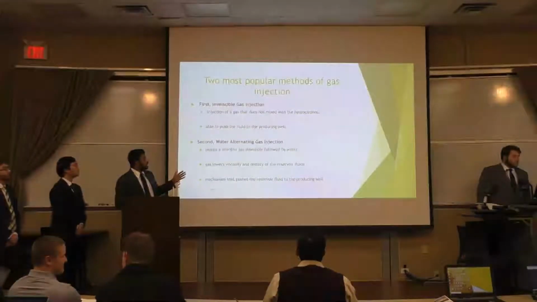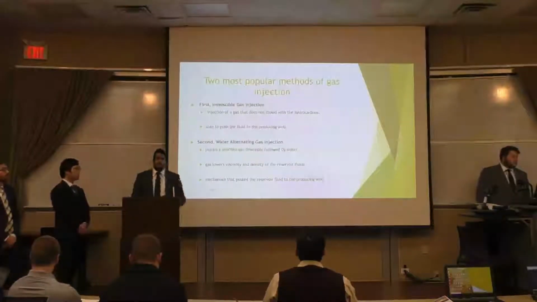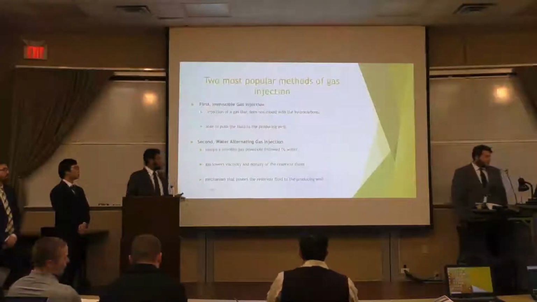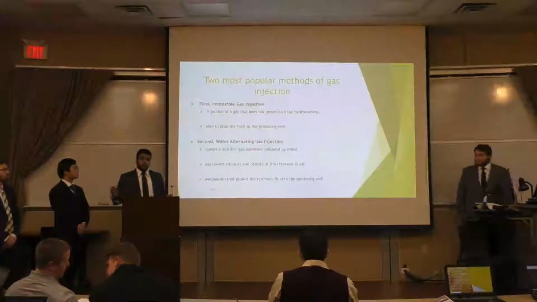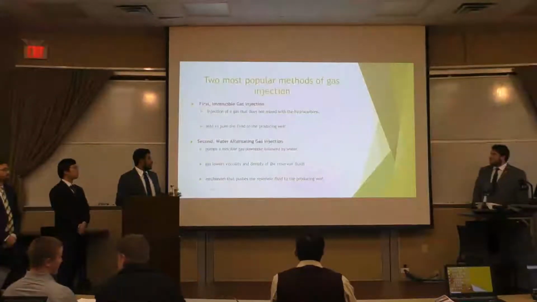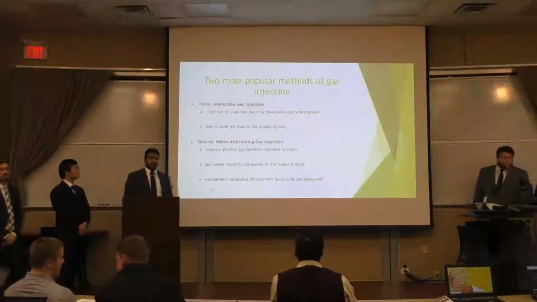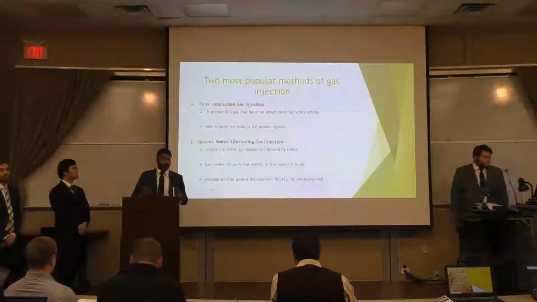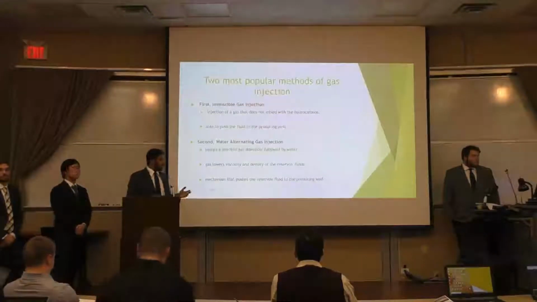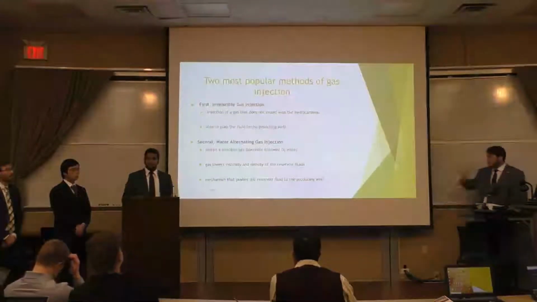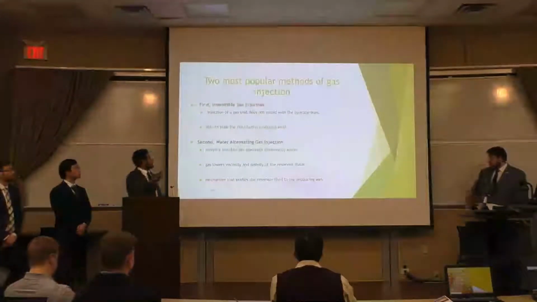Water alternating gas injection works as miscible, which means it does mix with the hydrocarbons, and we inject it followed by water so that it also lowers the viscosity and density of the reservoir fluids. Nearly all gas injection works as a mechanism to move the fluid and lighten its viscosity and density.